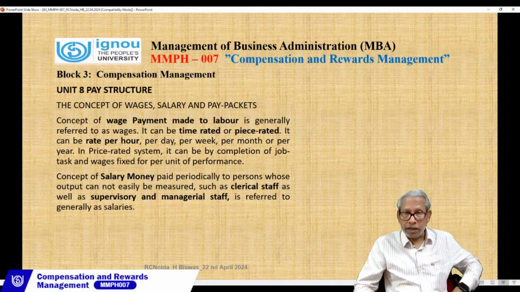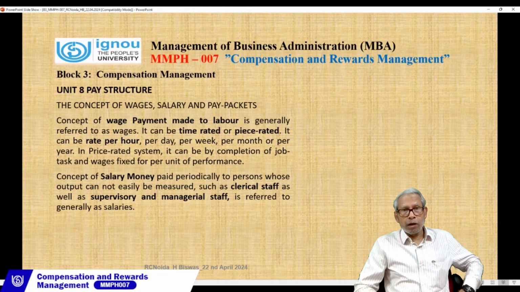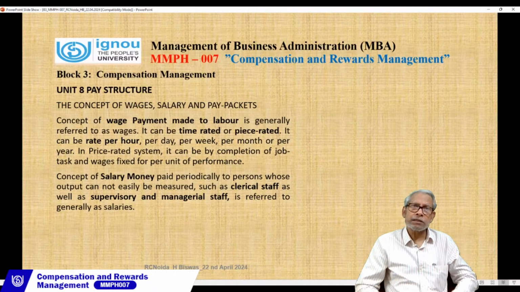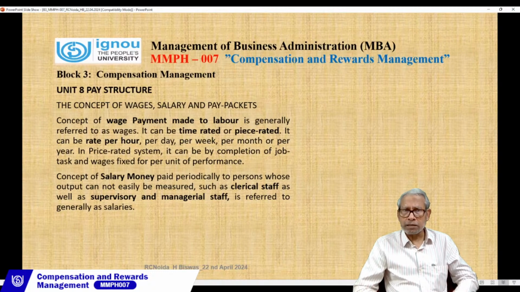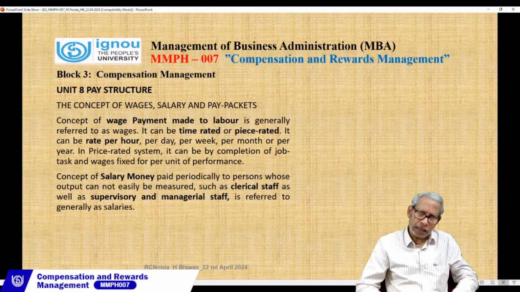Sometimes it is on a per day basis, or weekly, you can pay the labor on the site. Those are masons or other labor classes, they are given payment on a weekly basis. Every weekend, Friday evening, maybe the supervisor or manager gives them their salaries.